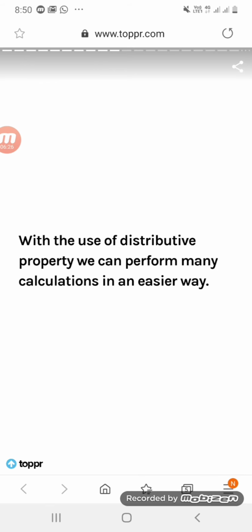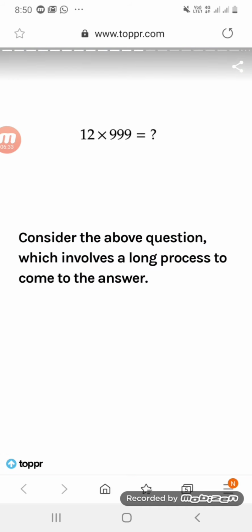Using this distributive property, we can perform many calculations in an easier way. So we'll try this with an example: 12 into 999. It involves a long process to come to the answer.